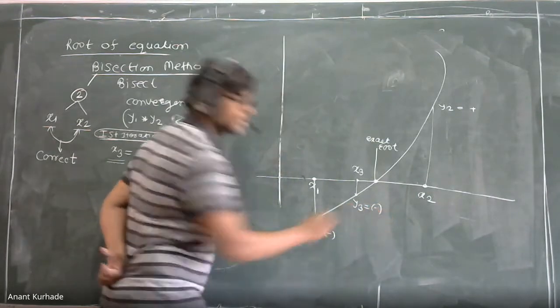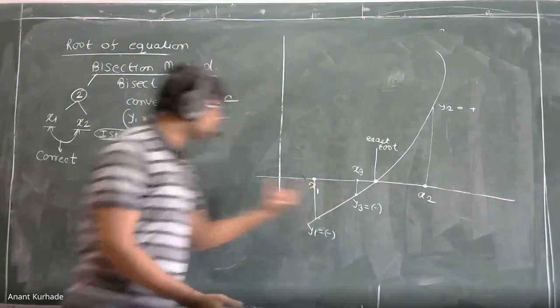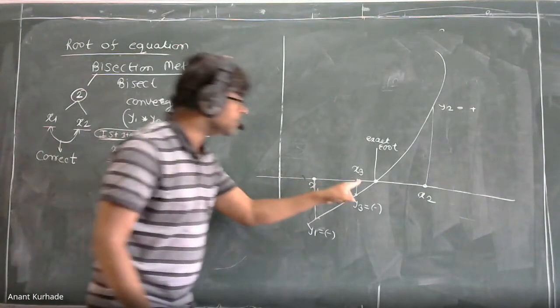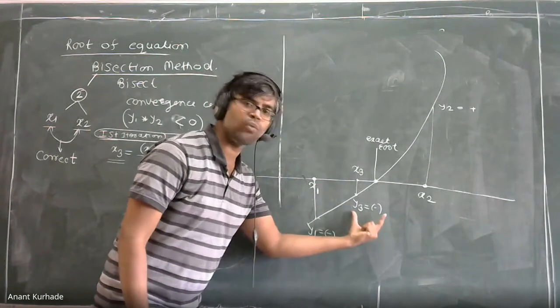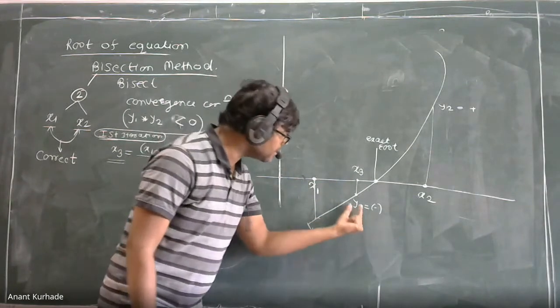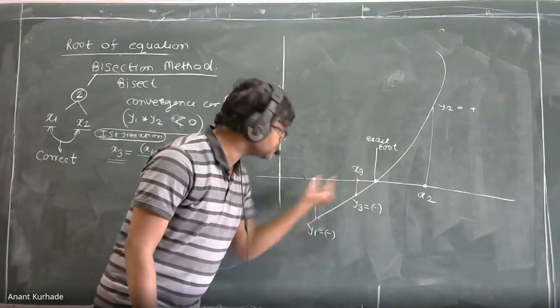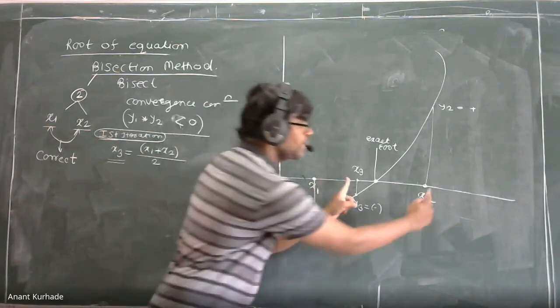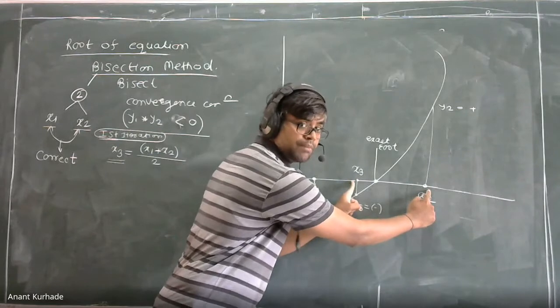Then once you do the first iteration and have a new value of x3, immediately find y3 and check the convergence condition for x1, x3, whether the root lies between these two or between these two.